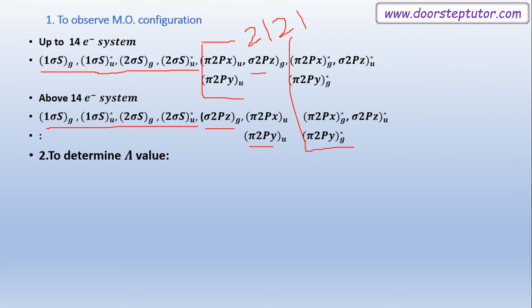But in the case of above 14 electron system, it is 1 2 2 1 1 double 2 1. So please follow this step, so there is no need for confusion about the filling of electrons into the diatomic molecules, whether it is up to 14 electron system or above 14 electron system.